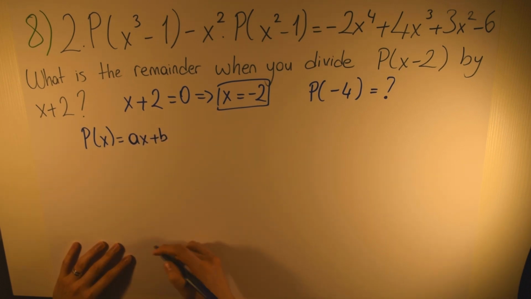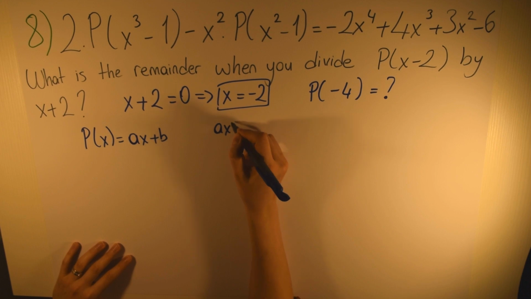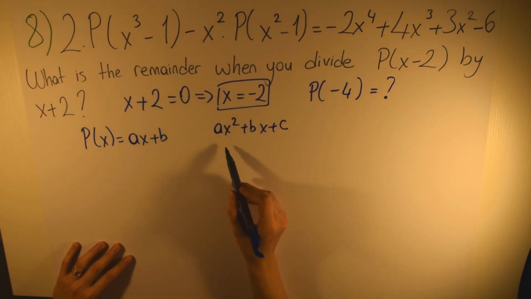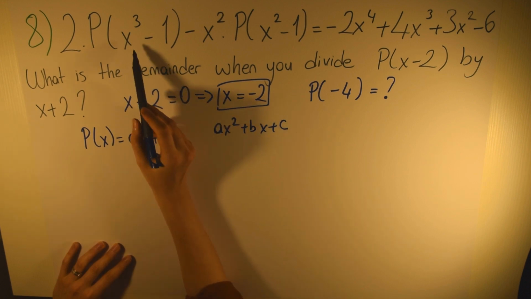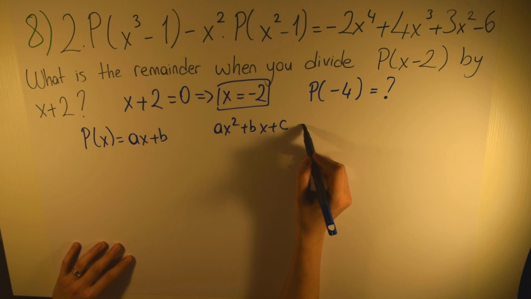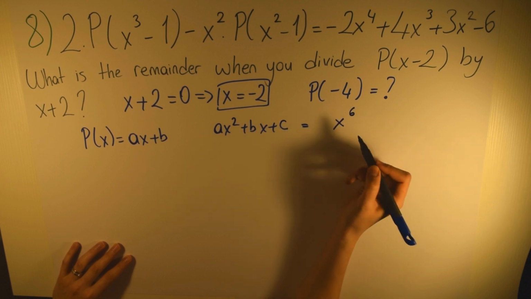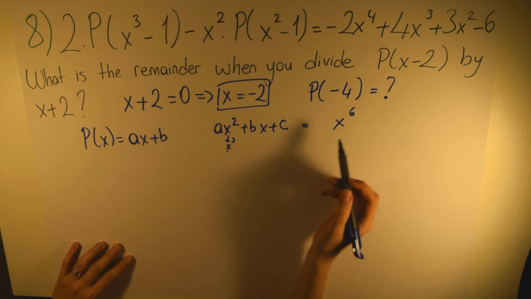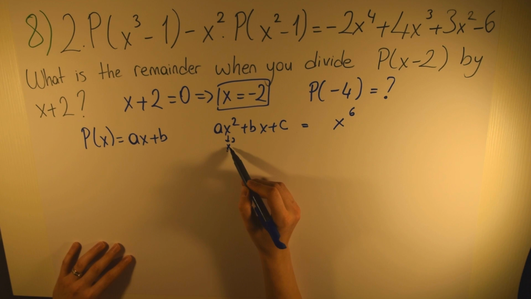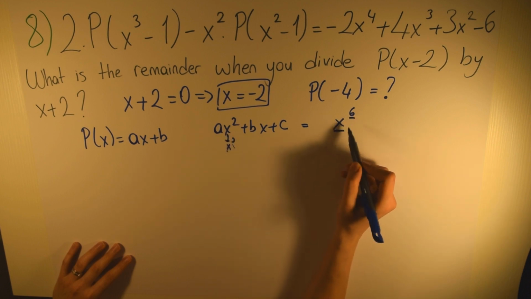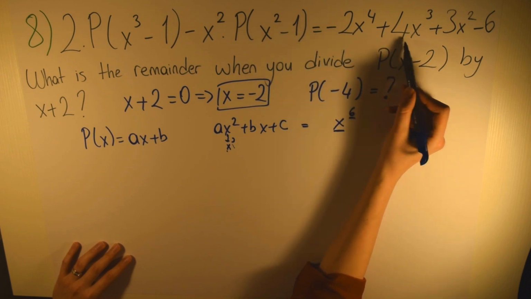Why? It cannot be something like this in this form, because when you put this value in this polynomial, you should get something with x to the power of 6. When you multiply these two and put this term instead of x, you should get x to the power of 6, which we don't have here.